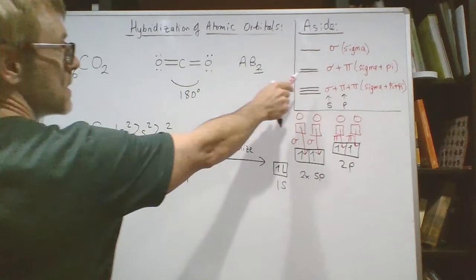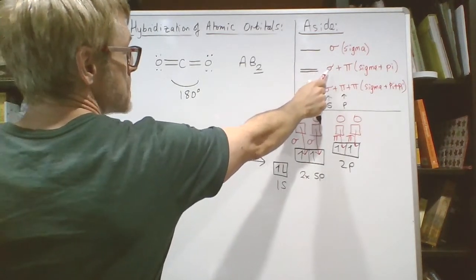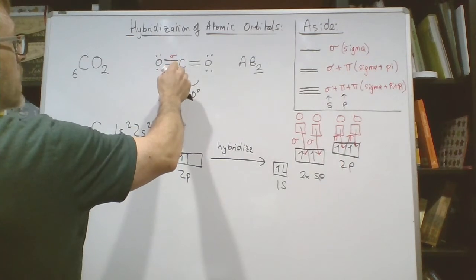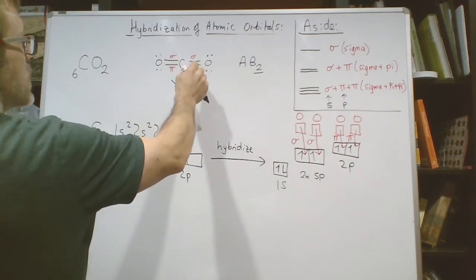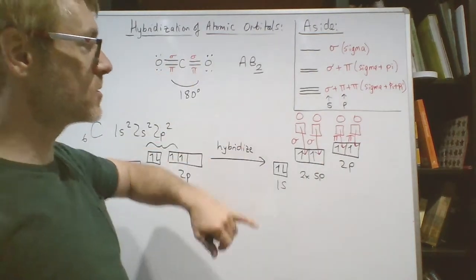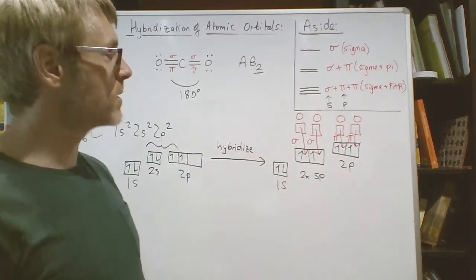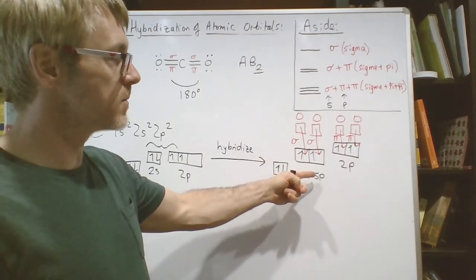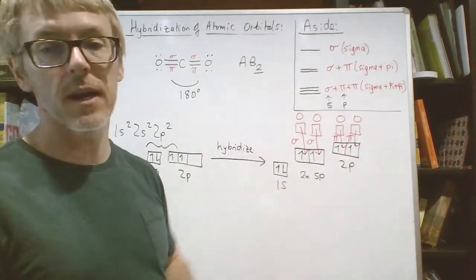Remember, we said a double bond is a sigma and a pi. So I need a sigma and a pi, a sigma and a pi. So I've got to explain 2 sigmas and 2 pi's, and here I have it. I get the 2 sigmas from the hybridized orbitals, and I get the 2 pi's from the unhybridized orbitals.